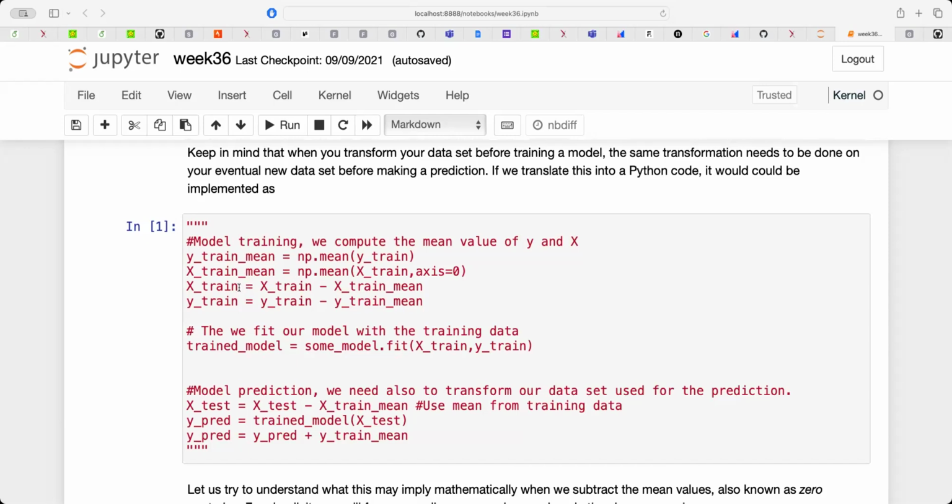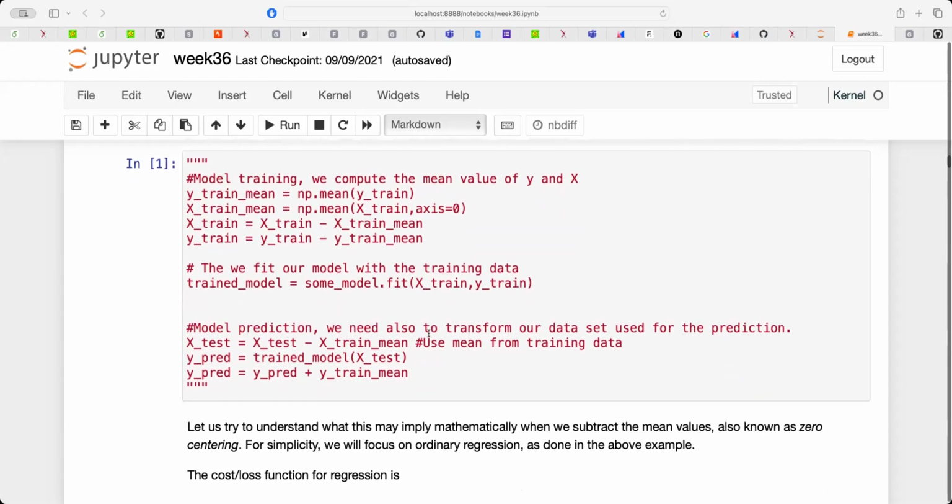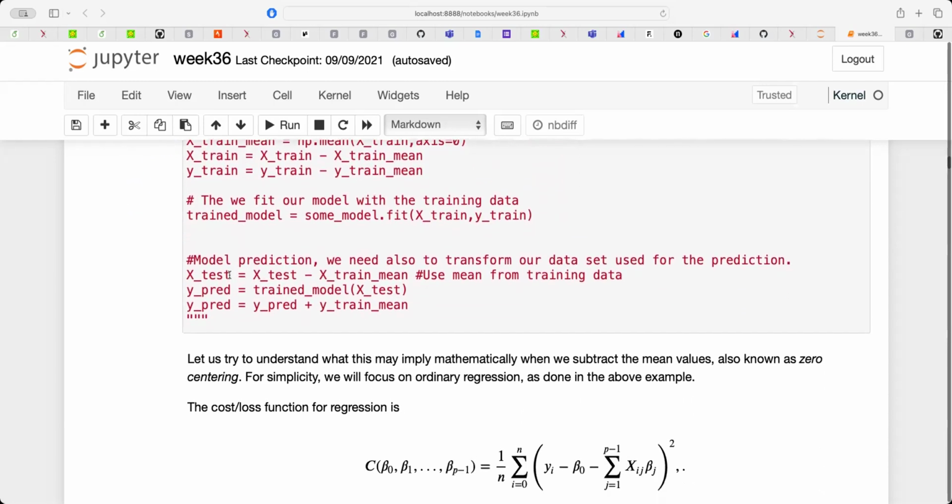And then you can subtract that from the training data. Then you train the model with this data where you have subtracted the mean value. And when you look at the test model, you have x test minus x train mean here. So that means that you use the mean from the training data, and this is how you would make the prediction.